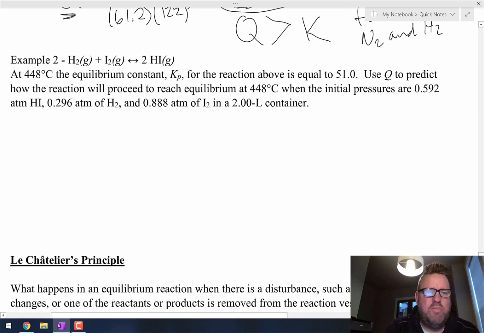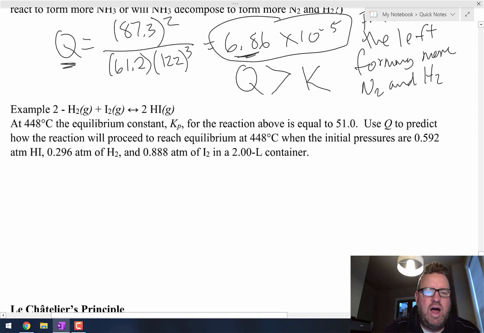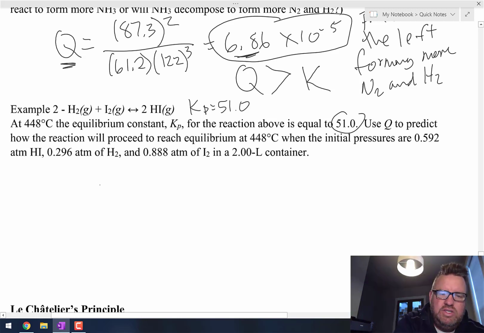Okay, let's look at one more example here. The equilibrium constant Kp for the reaction above is 51. So we know Kp equals 51 for that reaction. Use Q to predict how the reaction will proceed to reach equilibrium at 448 when they give us those initial values. So again, Q is going to equal the pressure of HI, and that's got to be squared.